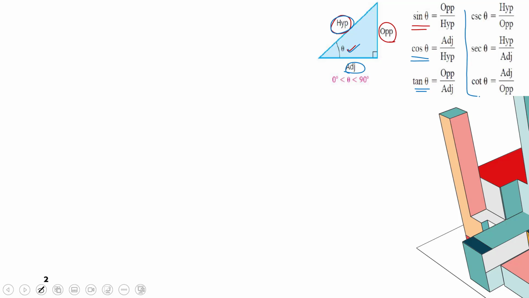This is what we call the reciprocal for the sine and cosine, right? It means 1 over sine; we call it cosec theta.